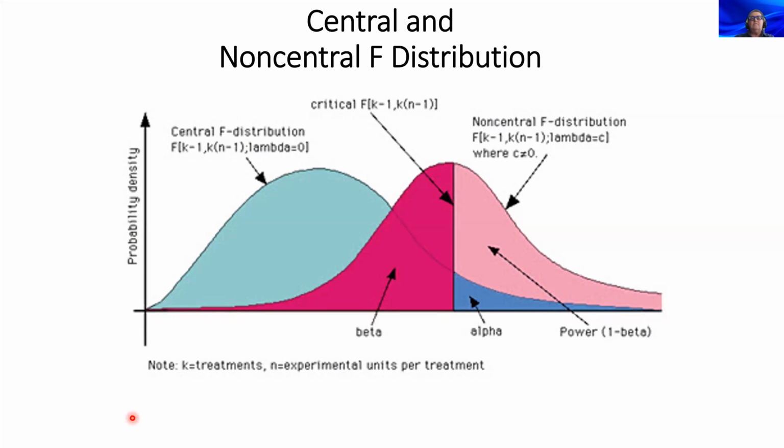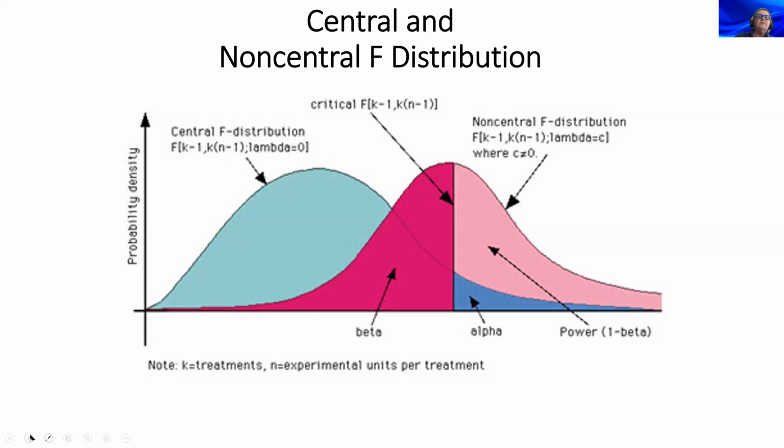Another point that is critical is looking at these different distributions. The different distributions include the central distribution as well as the non-central distribution. The non-central distribution gives us information in terms of power. When we compare this to the central distribution, we'll also look at the type 2 error, which is beta, and alpha.